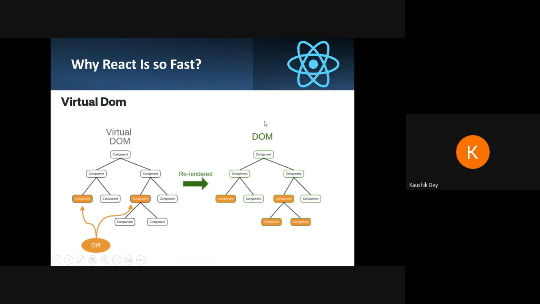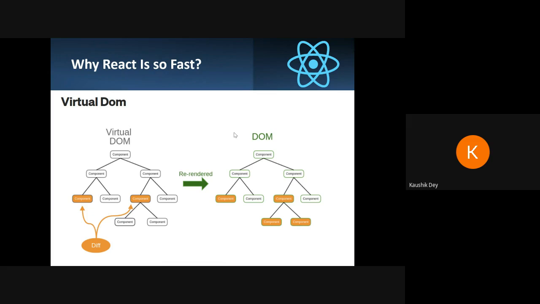Every time any change occurs in a component, the virtual DOM checks it, and after getting the last update, it places it in the real DOM and renders it in the browser. So only the changed node is reflected, not the entire browser.